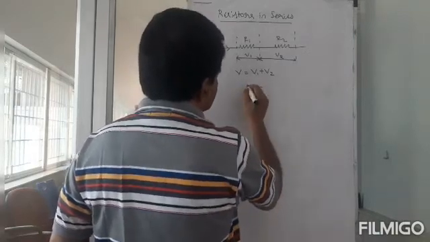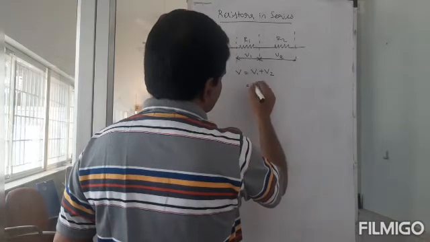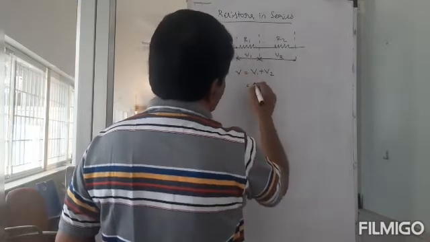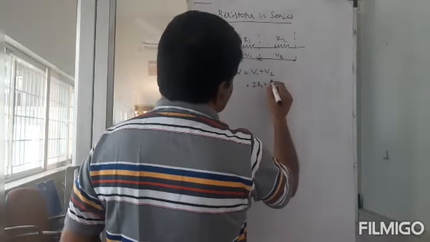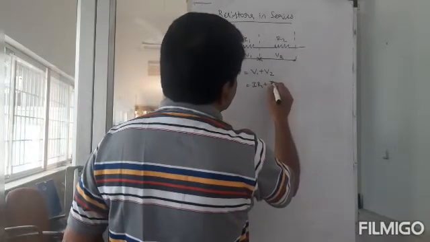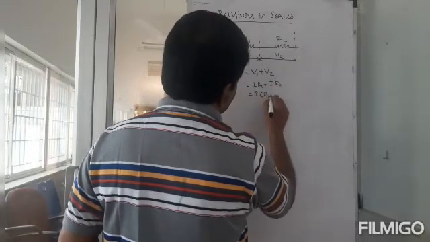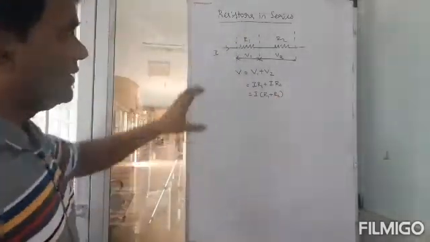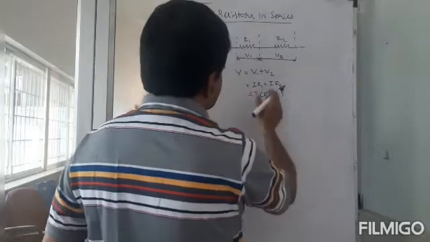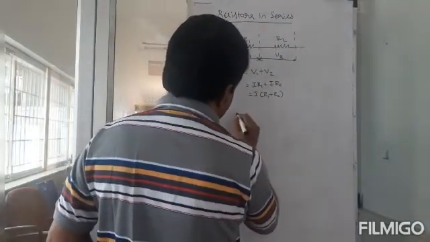So this is equal to, what is V1? I into R1 plus I into R2. That gives you I into R1 plus R2. This is the same as another case, right? That case is this. I have a single resistor.